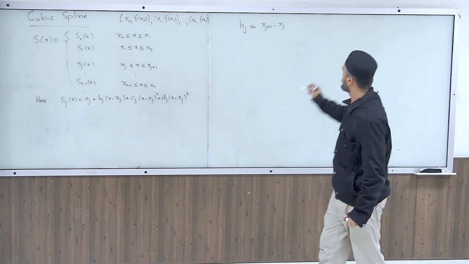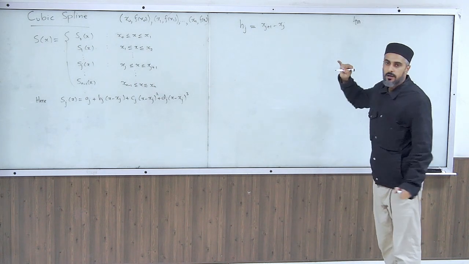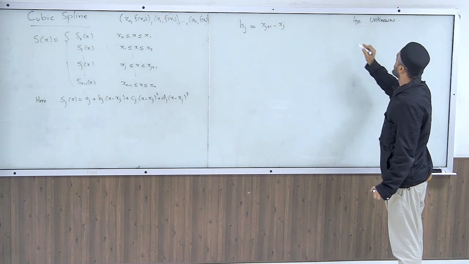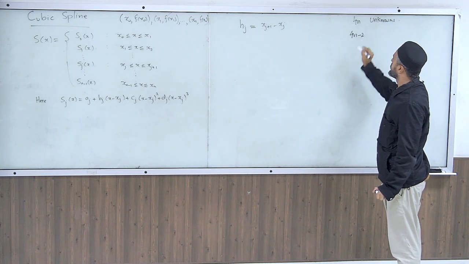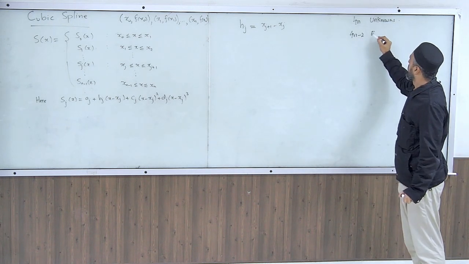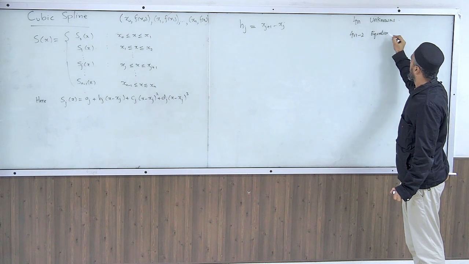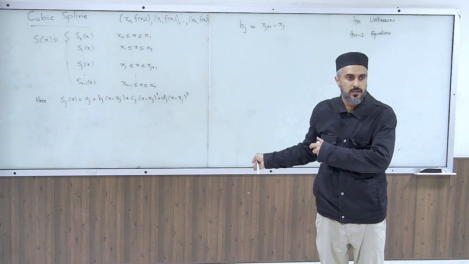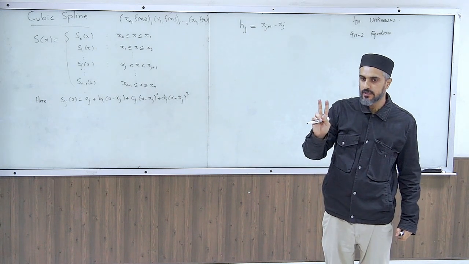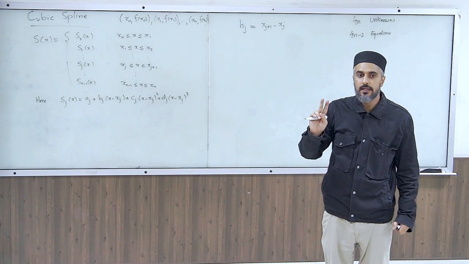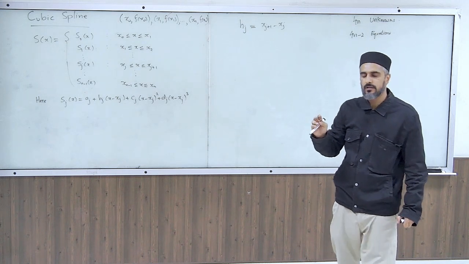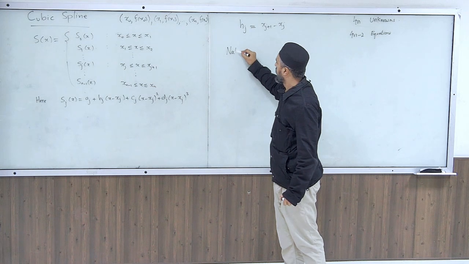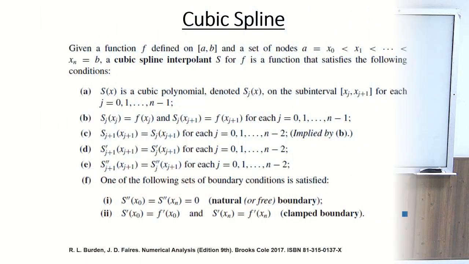Of these, 4n minus 2 equations are coming from the observations we just made. So we are short by two equations, and those two equations we derive from the conditions which are called natural conditions.